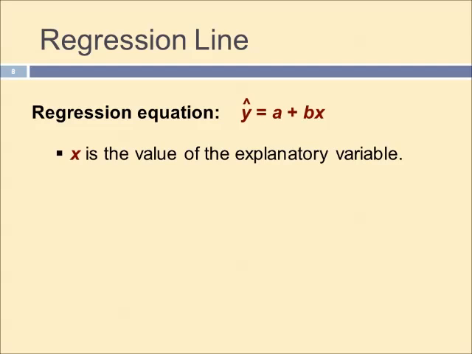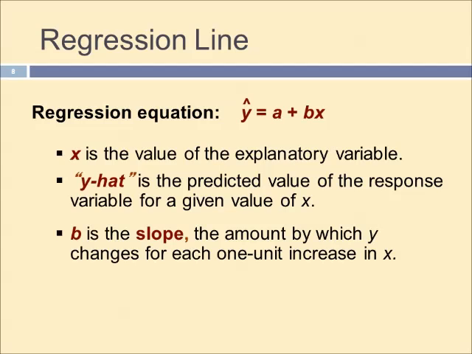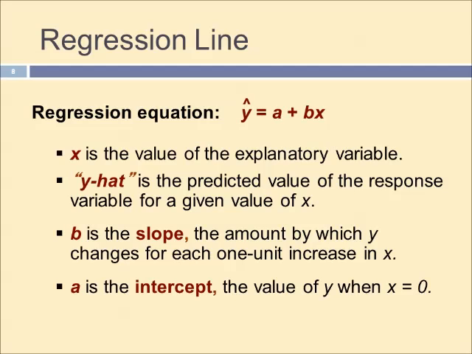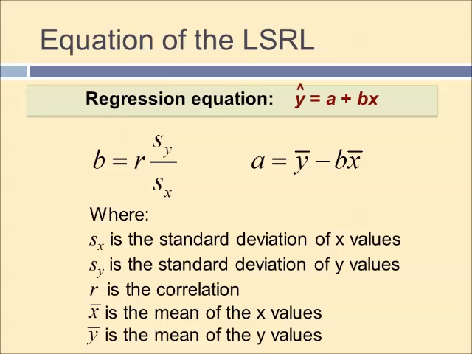So x is the value of the explanatory variable. Y hat is the predicted value of the response variable for a given value of x. B is the slope, the amount by which y changes for each unit increase in x. A is the intercept, the value of y when x equals 0.